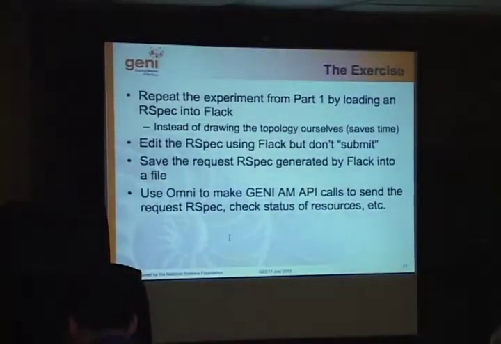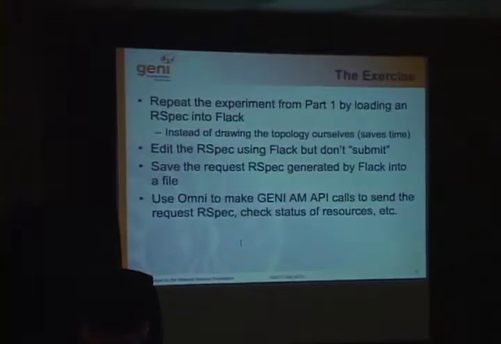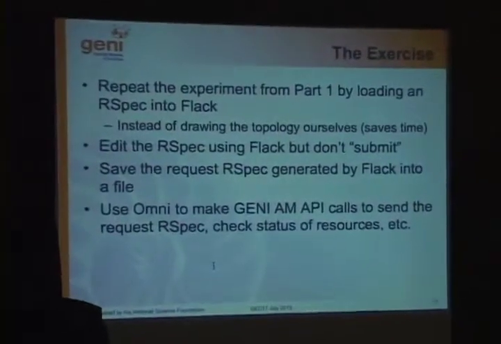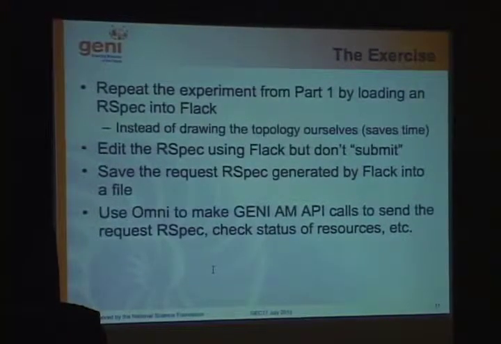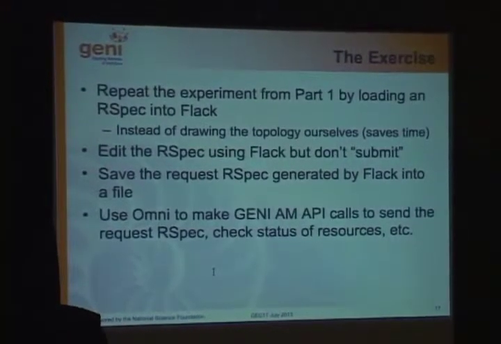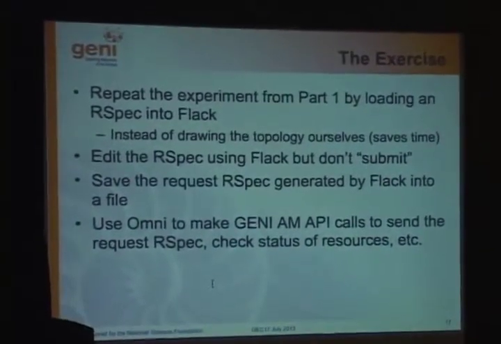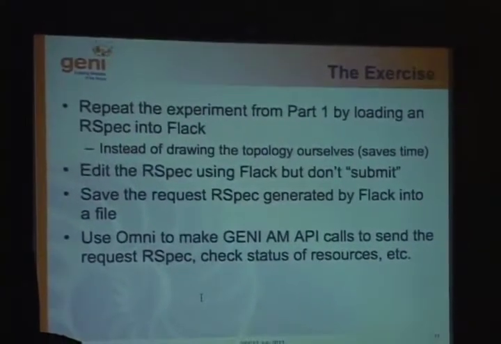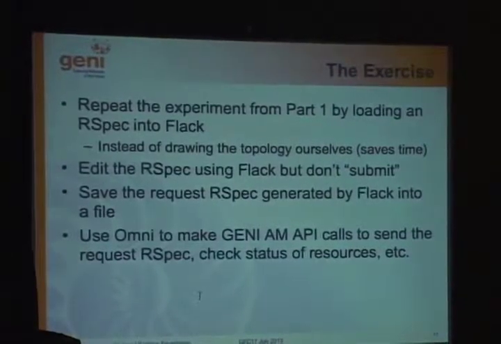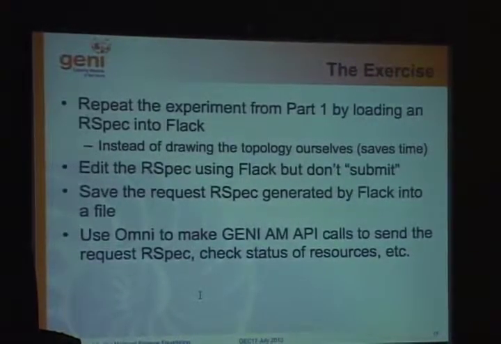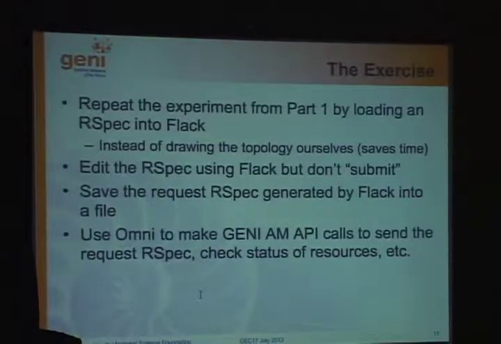So what we're going to be doing is bringing up a similar experiment with the same kind of topology as last time, but instead of using Flack the entire time, we're going to switch to a command line tool called Omni, which can carry out exactly the same role in the client and aggregate manager communication that Flack did, but does things a slightly different way, and in some cases allows for more control.